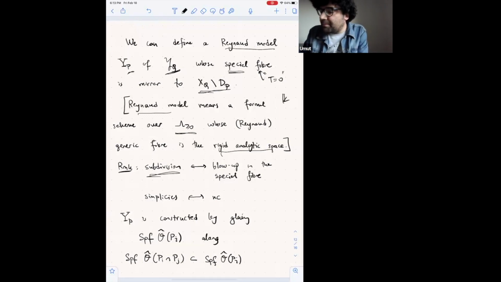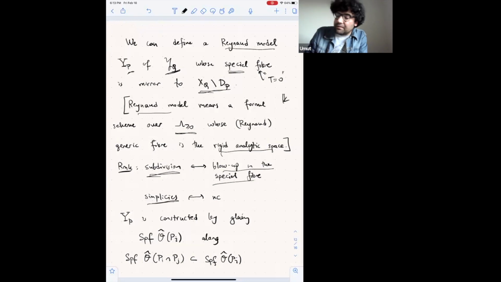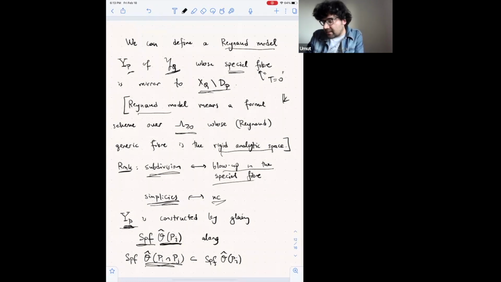Okay, and if you subdivide your decomposition, that corresponds to blowing up the special fiber. If instead of Delzant, you assume each of your polytopes is a simplex, then you get a normal crossings special fiber, and so on. And the construction is as follows: I defined for you these completed algebra functions, and there's this thing called the Spif. It's something like Spec.